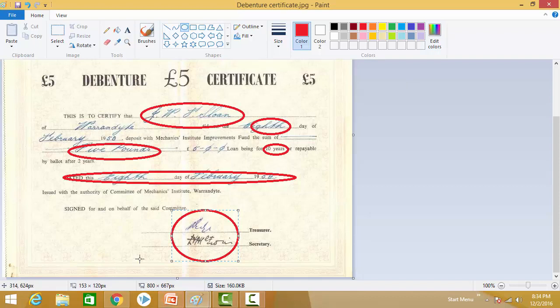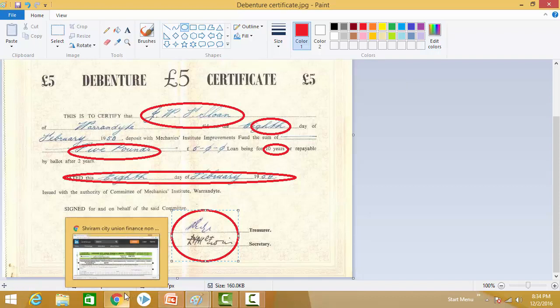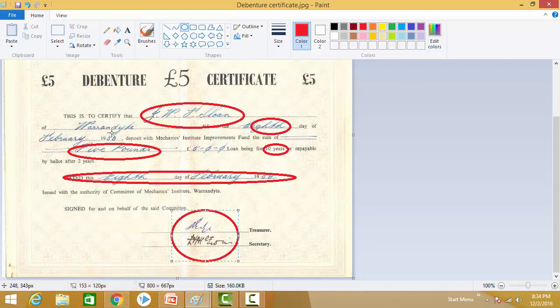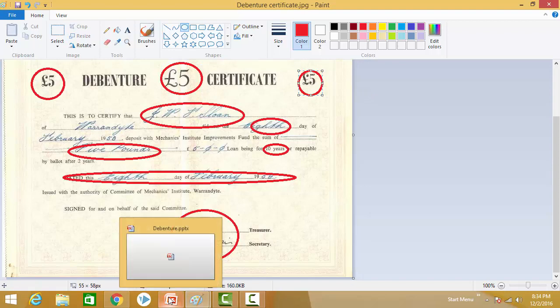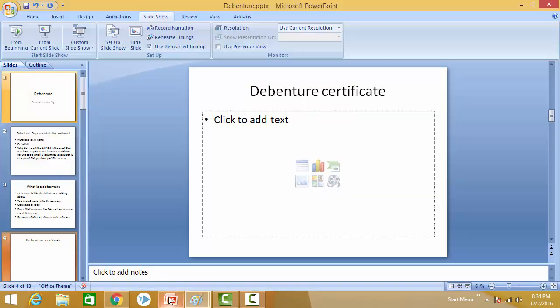So now that you have understood what a debenture certificate is, you might as well understand what this value is. This value is known as face value. Just keep the name in mind, we will explain it.